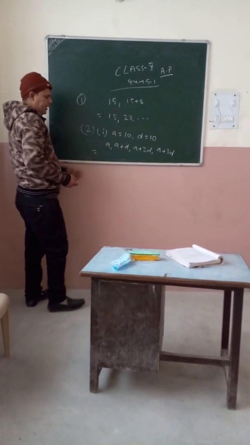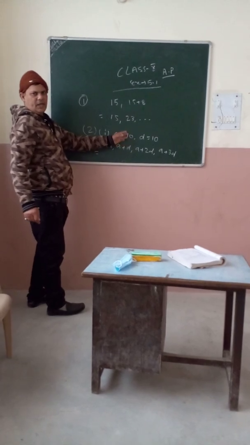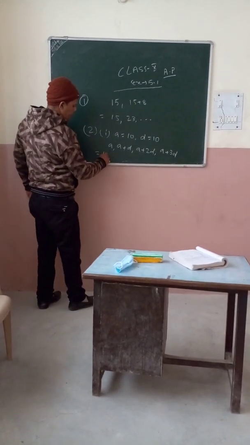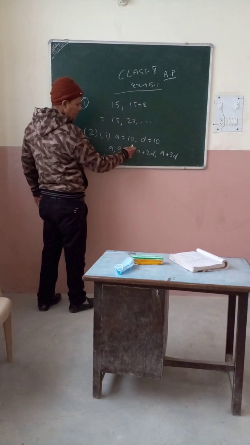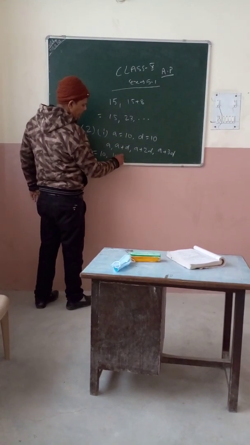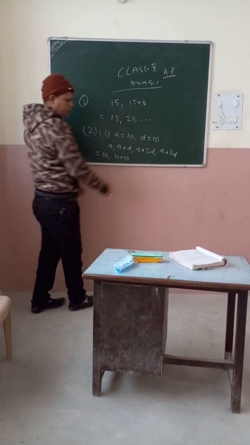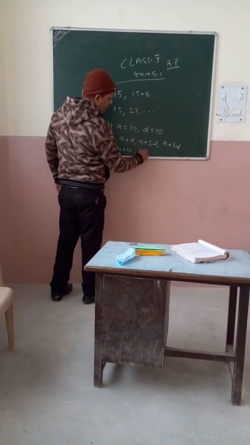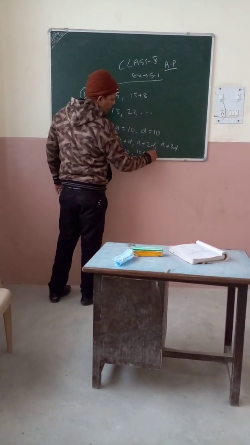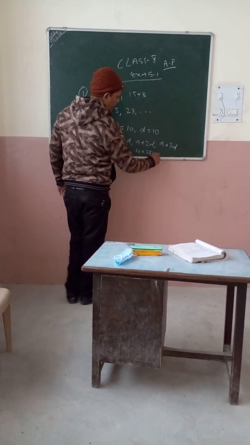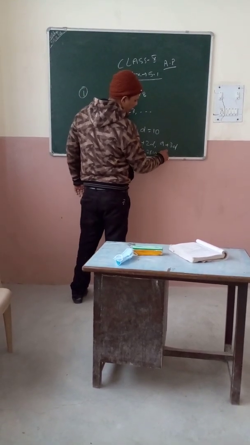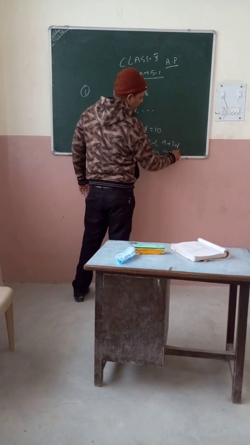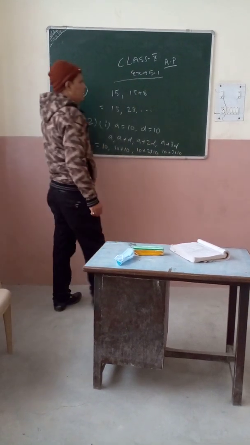So what is A? A is the first term, equal to 10. And D equal to 10, so 10, 10 plus 10, 10 plus 2 multiplied by 10, and 10 plus 3 multiplied by 10.